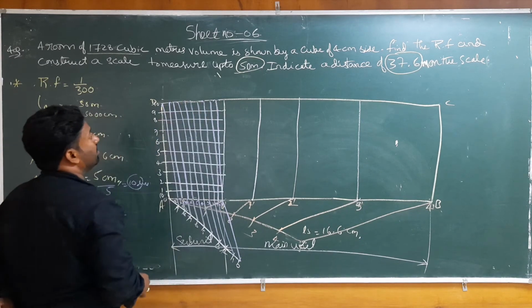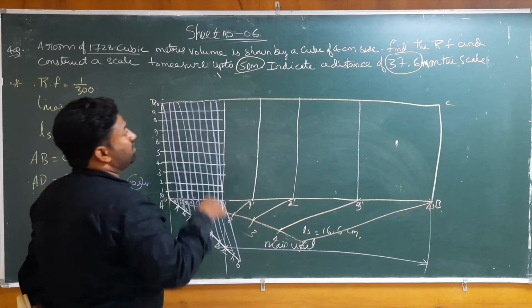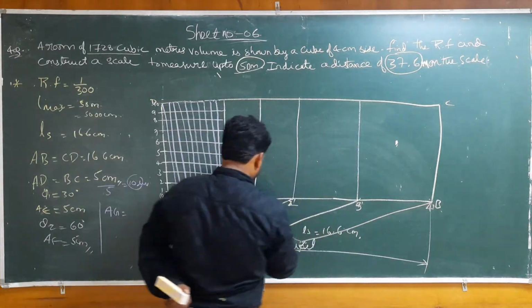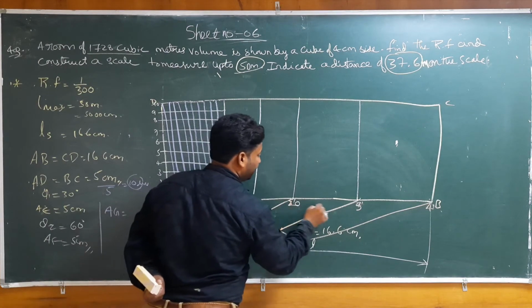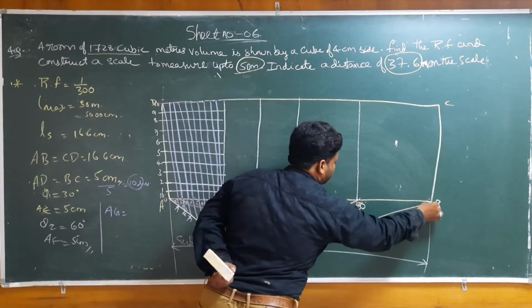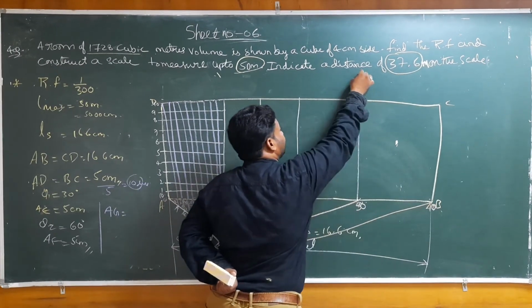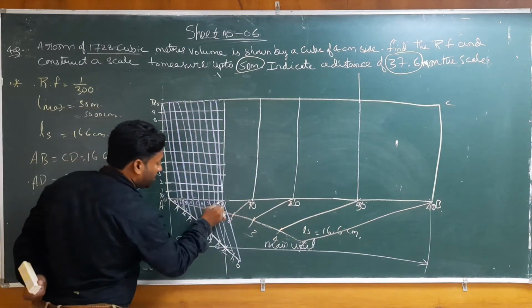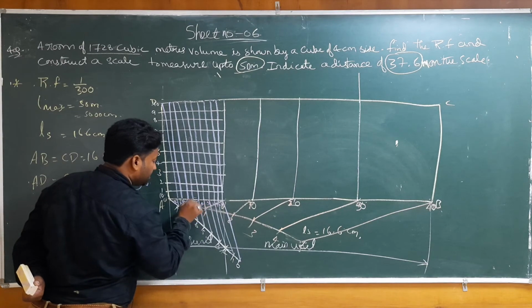Now 37.6. So here this is our 10, 20, 30 and 40. I am marking 30 here. This is my 3, that is nothing but 30. In this 7, 1, 2, 3, 4, 5, 6, 7.